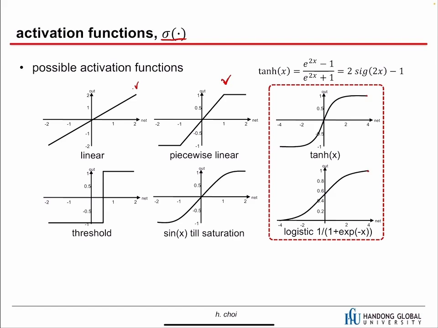And this one is piecewise linear or hard hyperbolic tangent. So basically it looks the same, but we have a hard decision. Or we can use a threshold, which is not popular, and sine function is not popular. In the deep learning era, we can use hyperbolic tangent, sigmoid, and sometimes hard hyperbolic tangent.